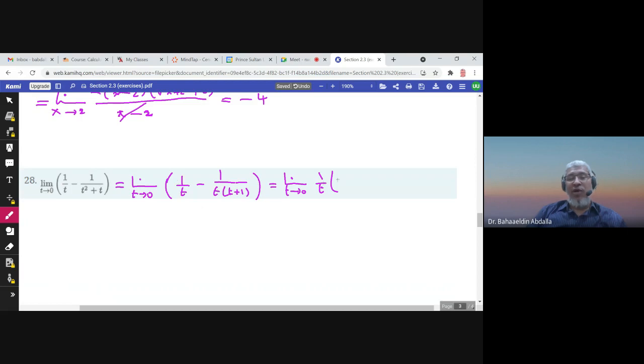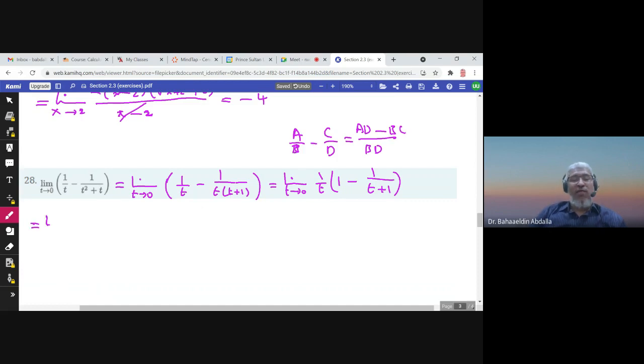So I'll have 1 minus 1 over t plus 1. And to add or subtract two fractions, you use this formula. You multiply the two denominators, and then you multiply a times d minus b times c.